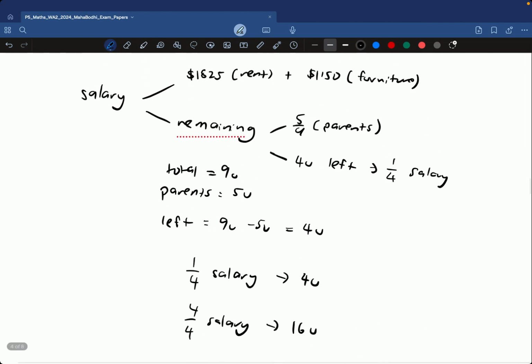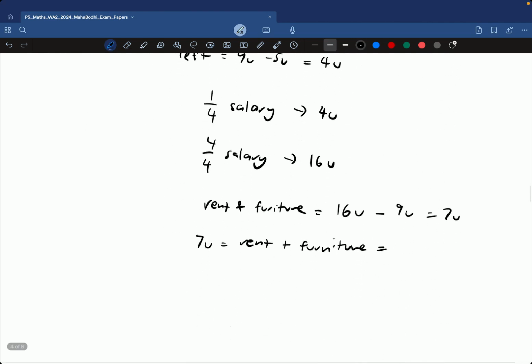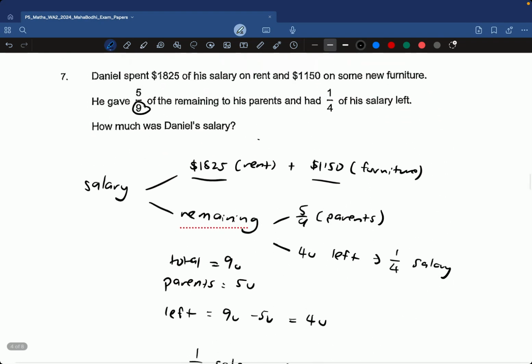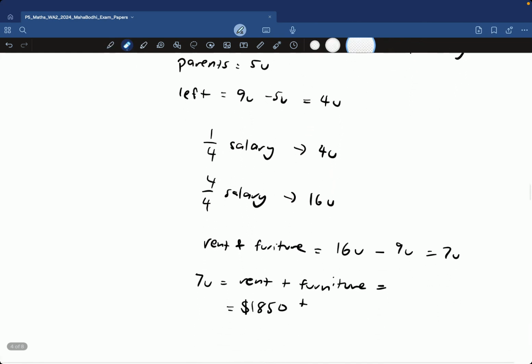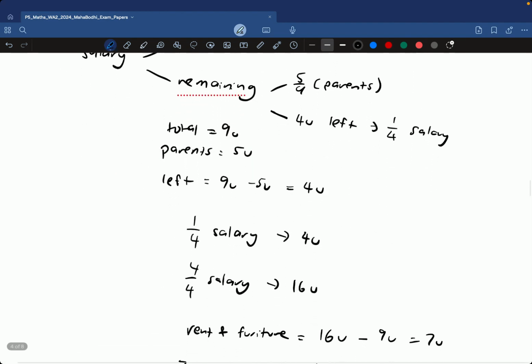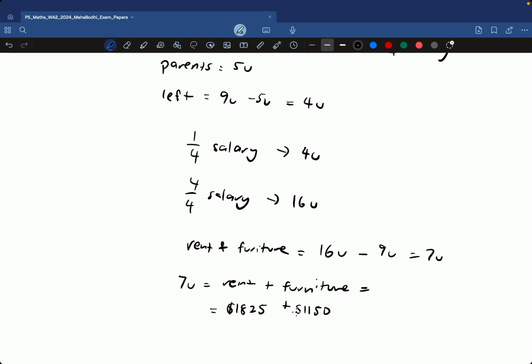which is also equal to this amount, 1,825 and 1,150. So it's equal to 1,825 plus 1,150.